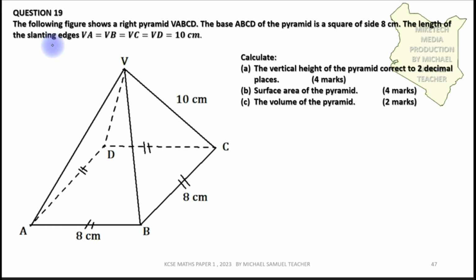The length of the slanting edges VA = VB = VC = VD is 10 cm. Calculate part A, the vertical height of the pyramid, correct to 2 decimal places. Part B, the surface area of the pyramid. And part C, the volume of the pyramid.